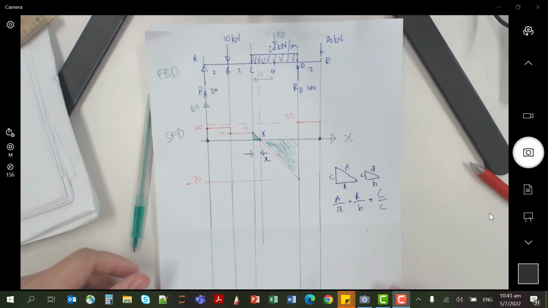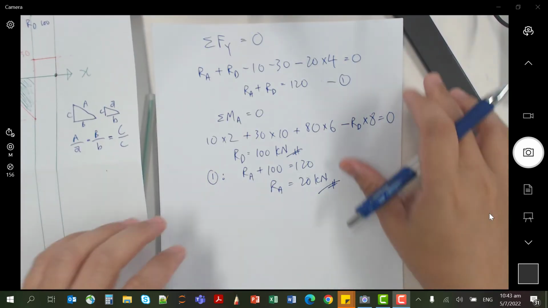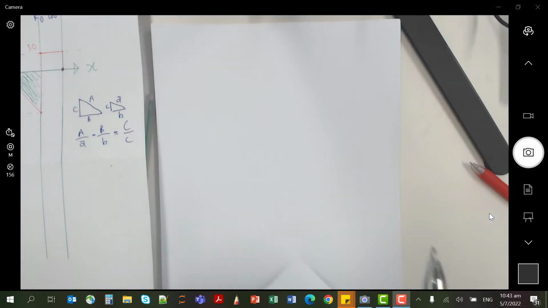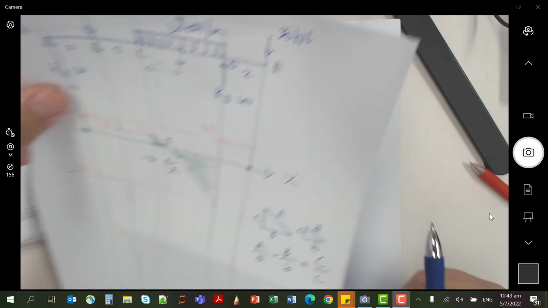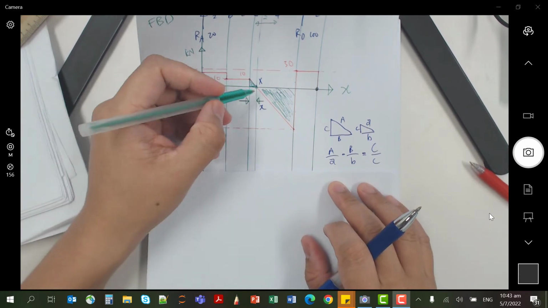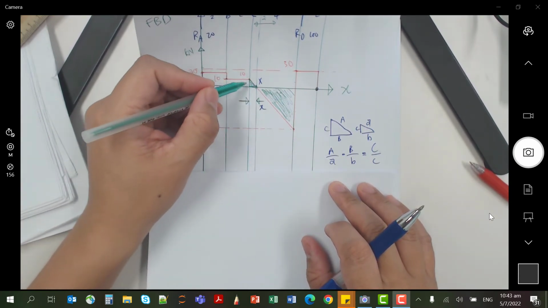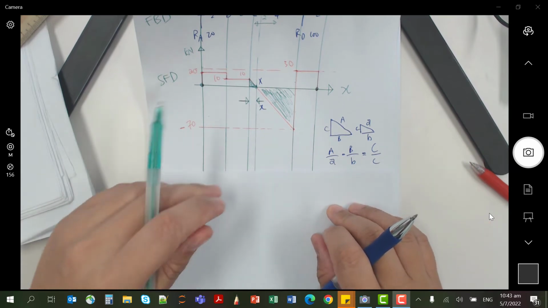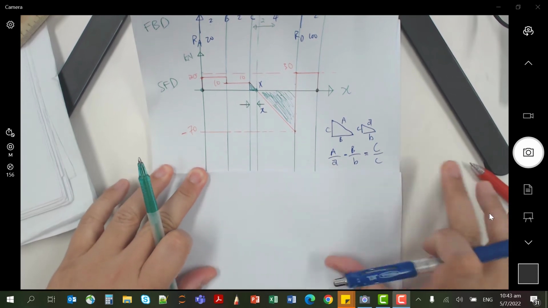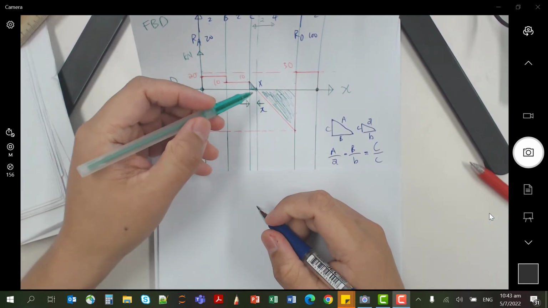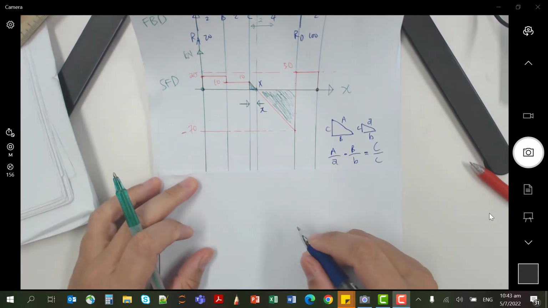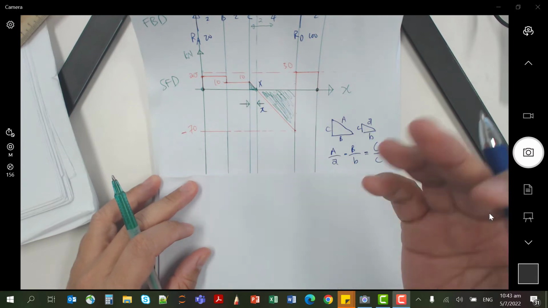So how do we find x using this method? I am going to compare the base with the height. The ratio of the small triangle to the large triangle: let's use capital letters for the big triangle and small letters for the small one.